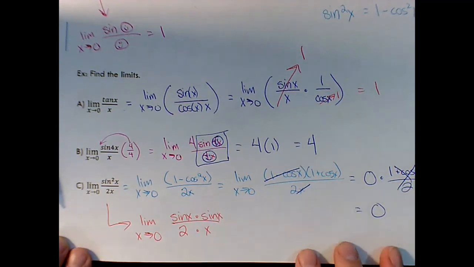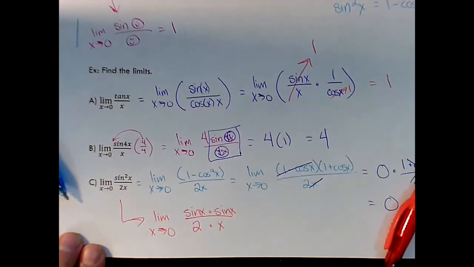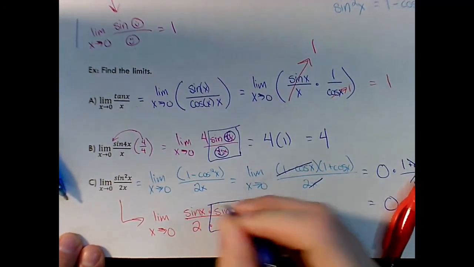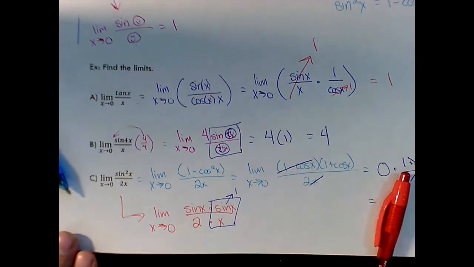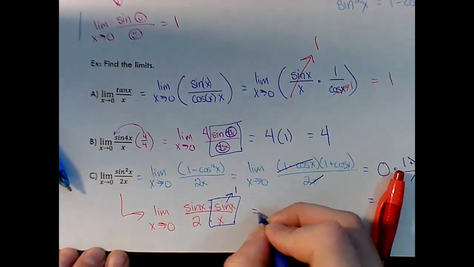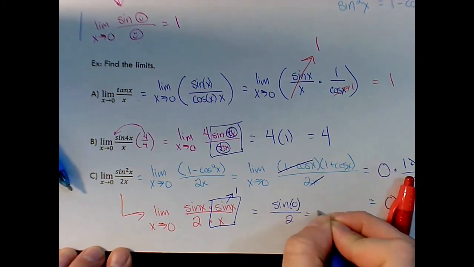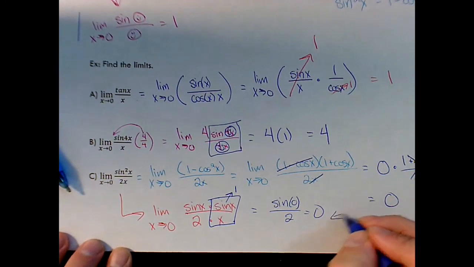And what we learned from up here is that sine x over x is 1. So this chunk right here just becomes 1, so times 1. Sine 0 is 0. So when I plug in my limit, I get sine 0 over 2, which just becomes 0 anyway. Just look at that. Just fun.